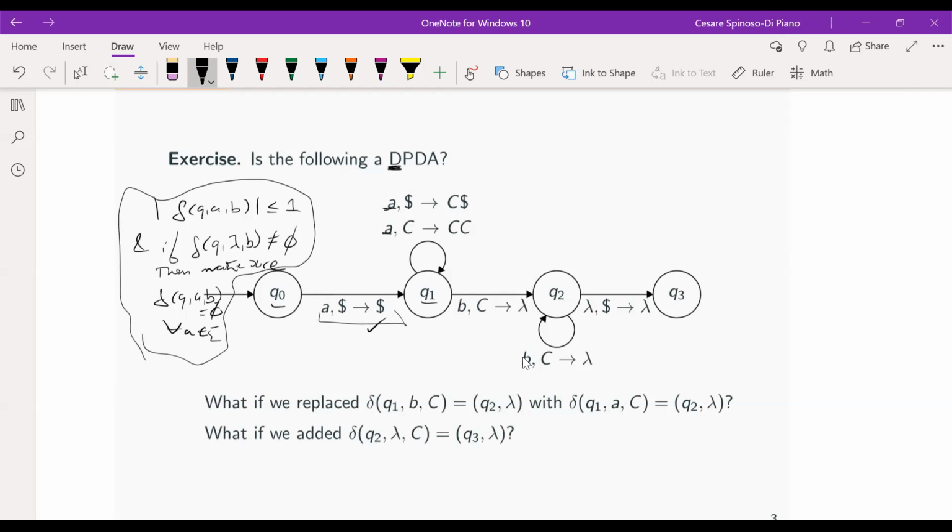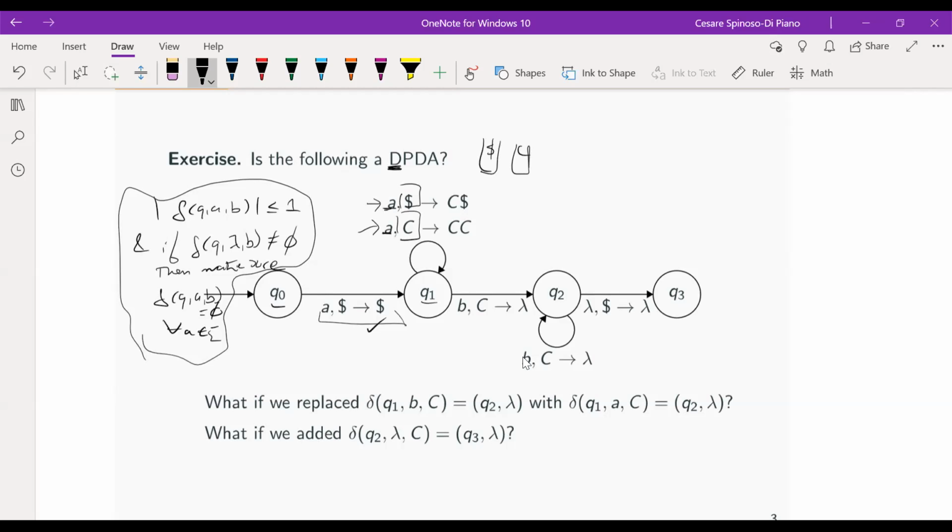But that doesn't automatically mean that it's an NPDA because the stack symbols are different. In fact, you're not guessing here. The choice is deterministic. If you read an A and you have a $ sign at the top, then you know that you have to use this transition. If instead you have a C at the top, then you need to use this transition. So the choice is fixed, it's deterministic.